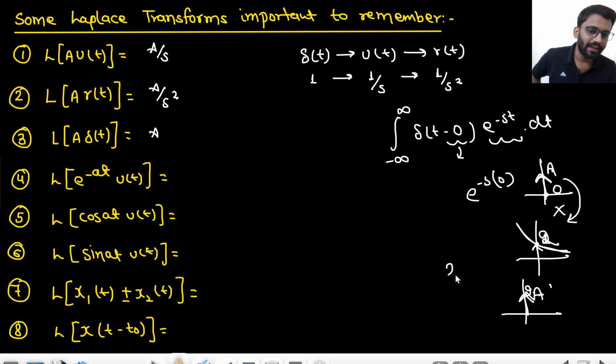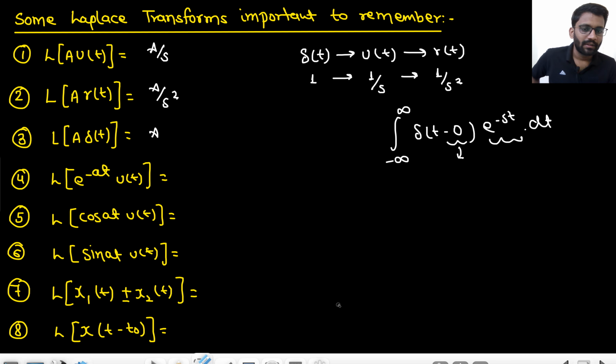So finally you will get 2a delta t. Here your a value is 1 only, and this value is also 1. So you will get simply delta t, right? This complete thing can be replaced with 1 into delta t only.